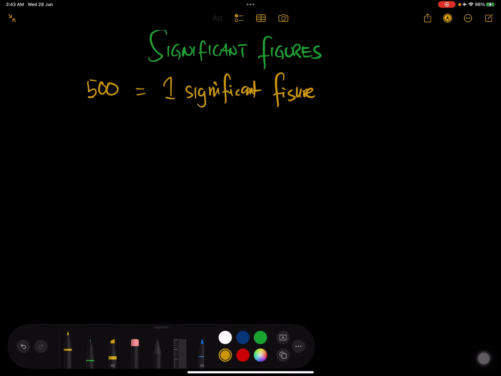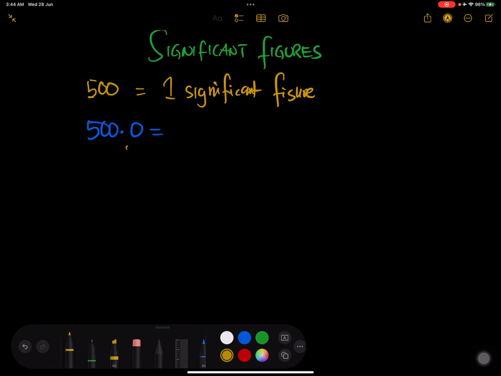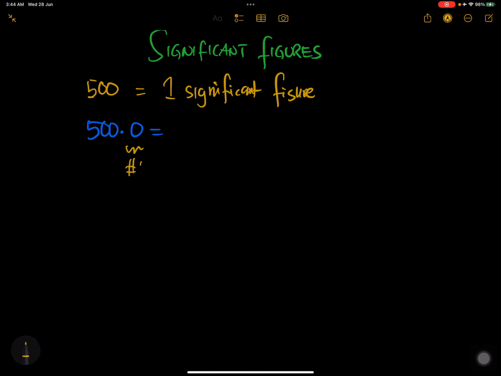But if we have 500.0, it becomes a different ball game altogether, because we have numbers before the zero.